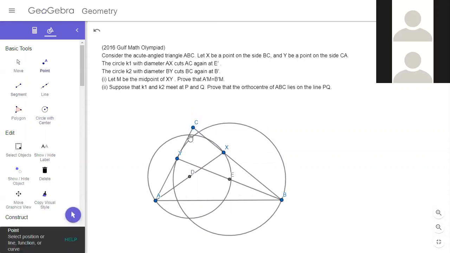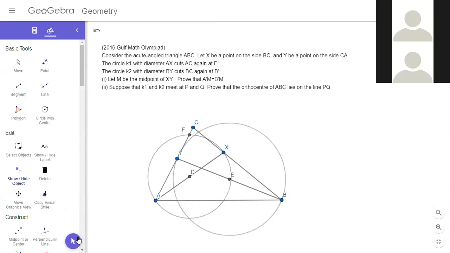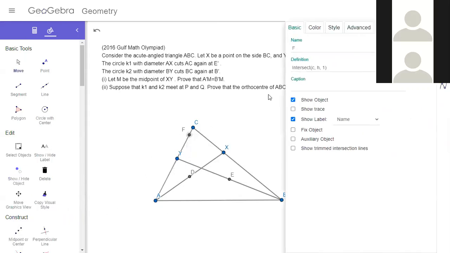Okay, so those are the perpendiculars from X and Y. I don't know if we need to draw those circles. I'm going to hide them for now. So we draw the perpendicular.